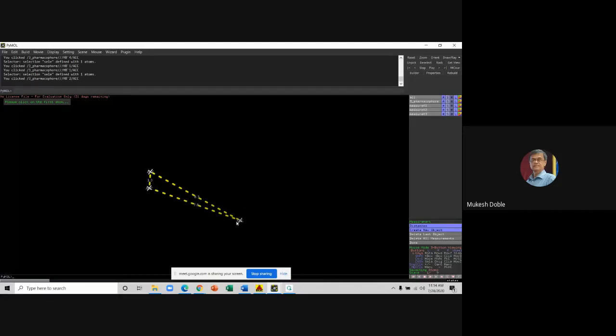Okay, so it's given 8.3 angstroms between this acceptor and this acceptor. It's given 7.8 angstroms between this acceptor and this acceptor, and about 1.3 angstroms. So it's like an isosceles triangle of three acceptors at a certain distance, 7.8, 8.3, and 1.3 as such.